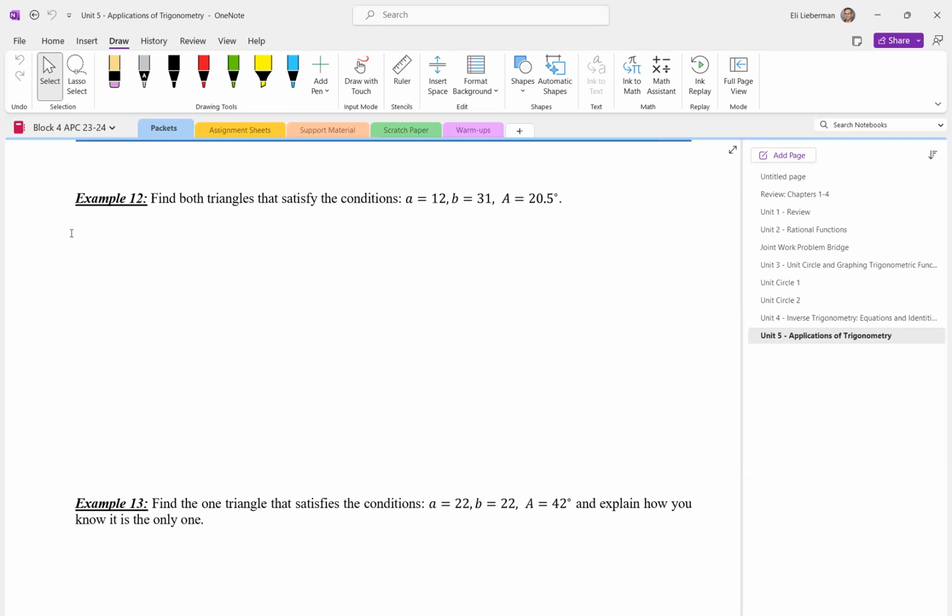Make sure you're able to draw the two triangles. Once you have both of them, please solve both triangles, as exact as you possibly can.